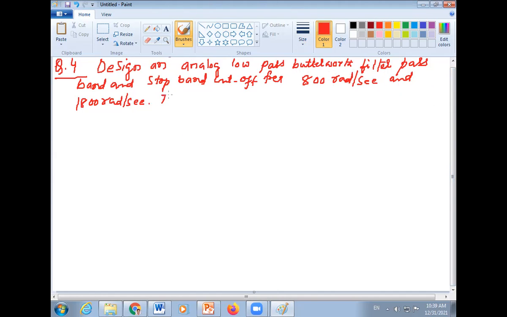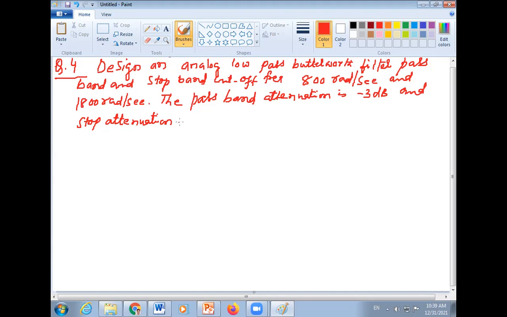The passband attenuation is minus 3 dB and the stopband attenuation is minus 10 dB.